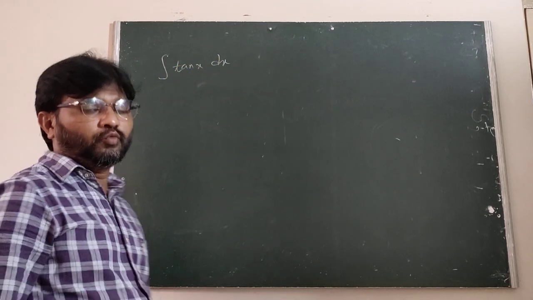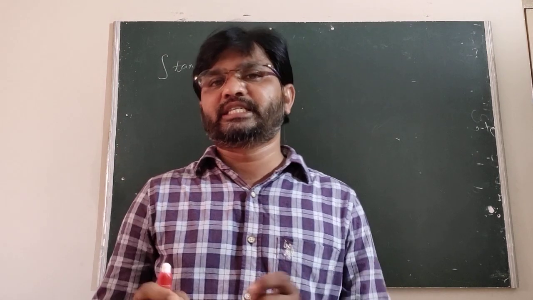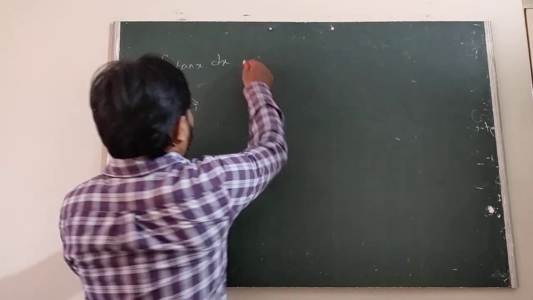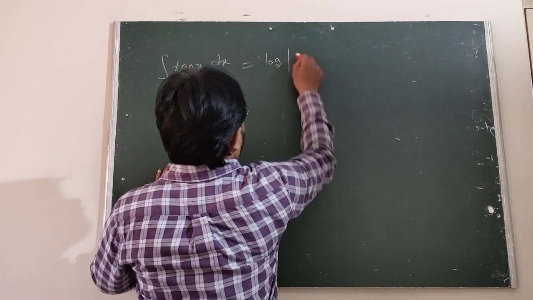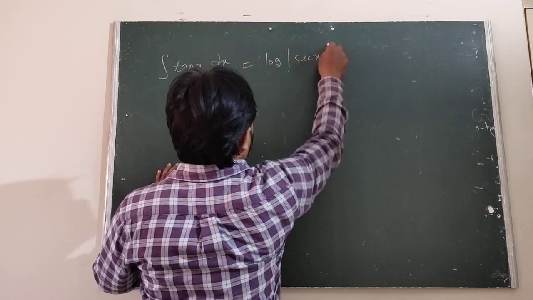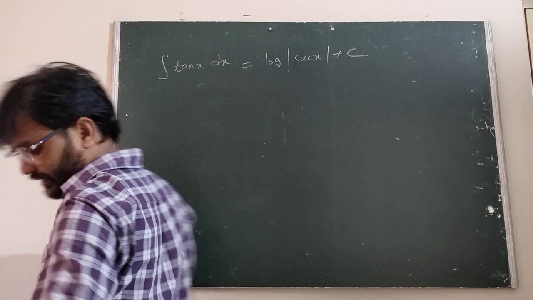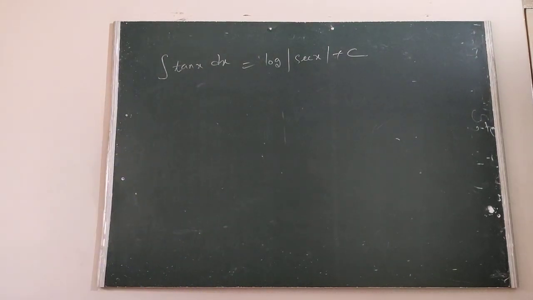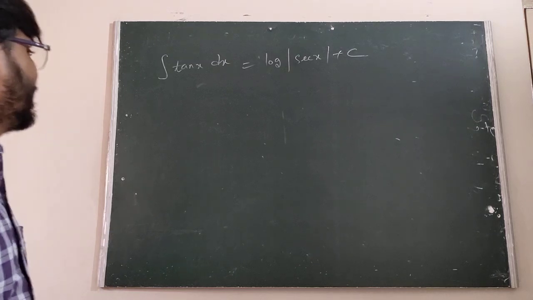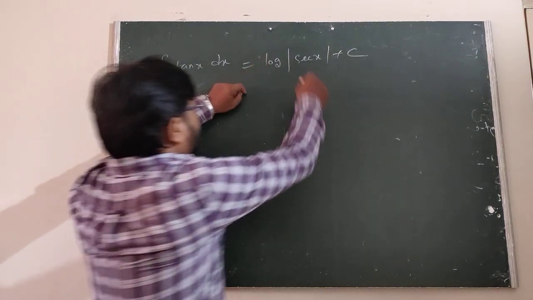Is it clear? The integral of tan x dx is the log mod of secant x plus c. This is the integral of tan x.